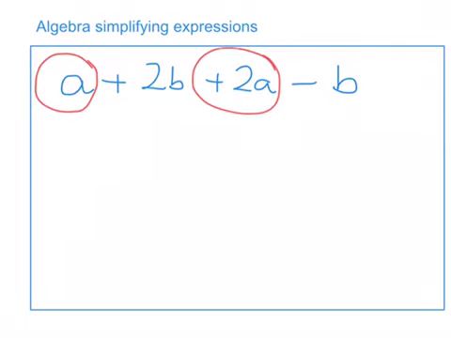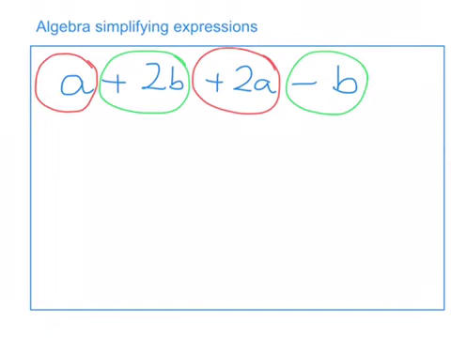And then my B's here, I've got a plus 2B and a negative B or a minus B. And it's particularly important with this negative sign that the negative sign is part of that term. It's minus B.